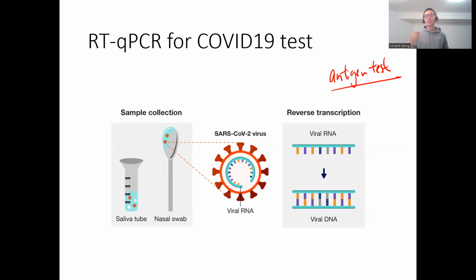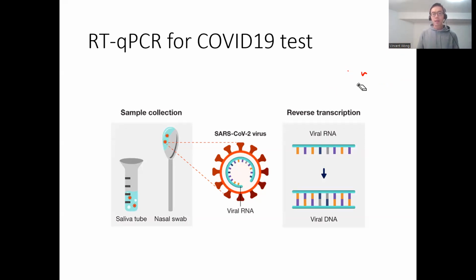An antigen test tests for the presence of the viral proteins. Do you have the proteins that are produced by the virus? That's what it's testing. It's decent, but it's not as sensitive as PCR. So, an antigen test tests for viral protein, whereas PCR tests for genetic material from the virus.